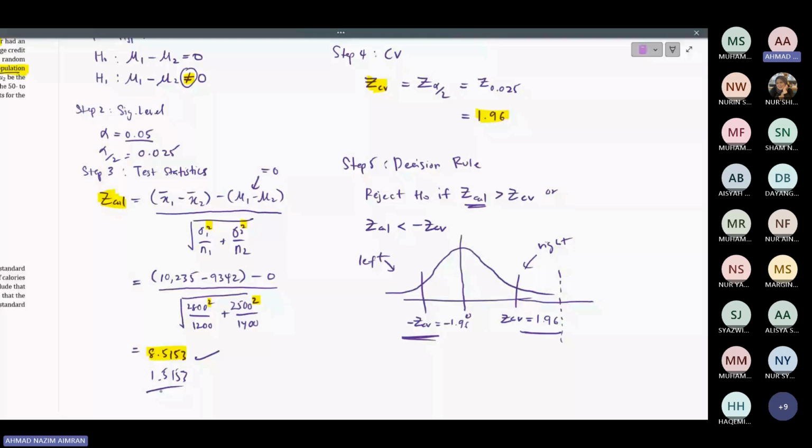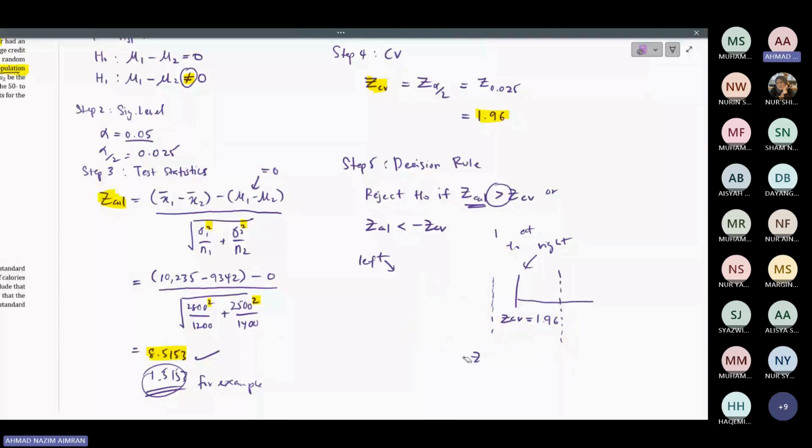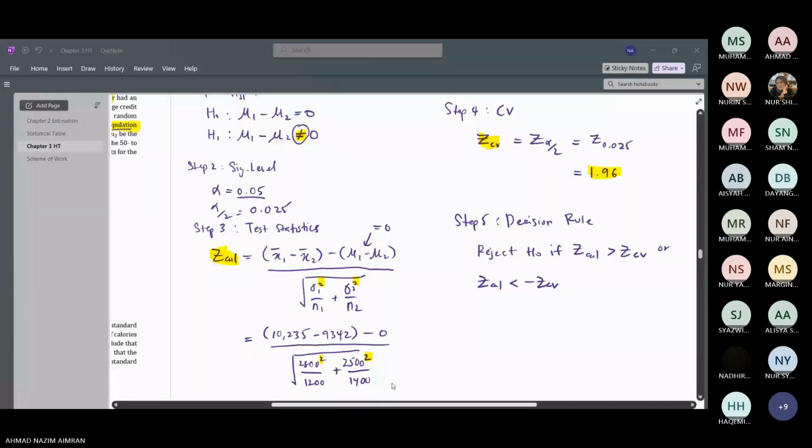It will be here. We still need to compare this value with the positive Z critical value. But if Z calculated is equal to 1.5153, we fail to reject H null. We will only reject H null if it is greater than the Z critical value. Okay, any question? No question.